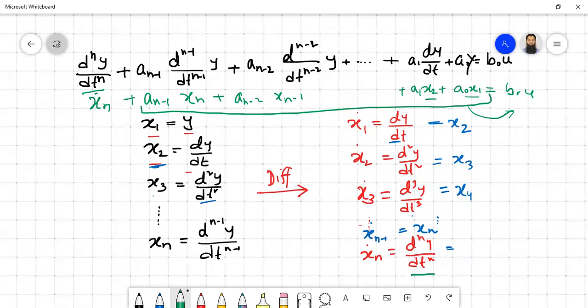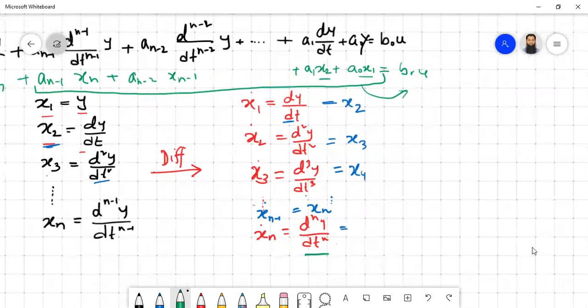So what you can write here is something like this: minus a0 x1 minus a1 x2, and it goes on, ultimately minus a(n-1) xn. And finally the other side parameter, that is b0 u.